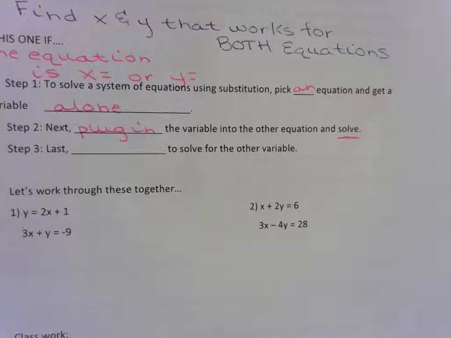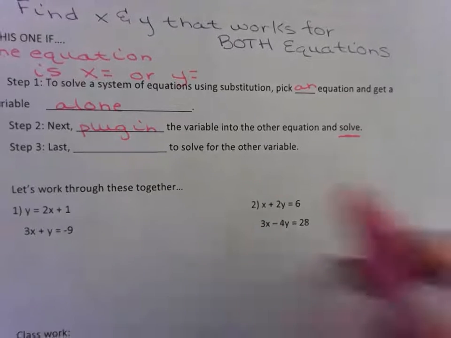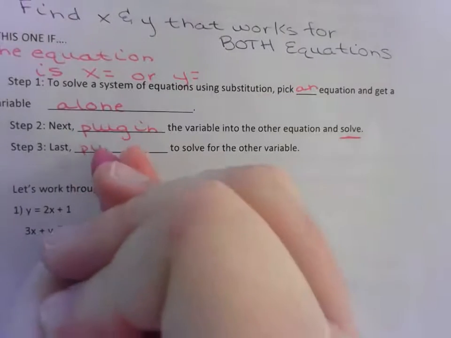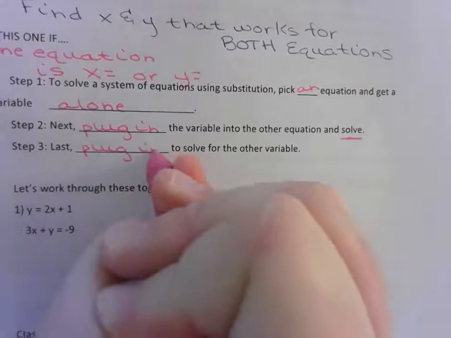If I say, here's an equation, solve this, what will my answer look like? X equals a number, or y equals a number. So if I solve an equation, I'm going to get x equals a number or y equals a number. The last step is to plug in to solve for the other variable.